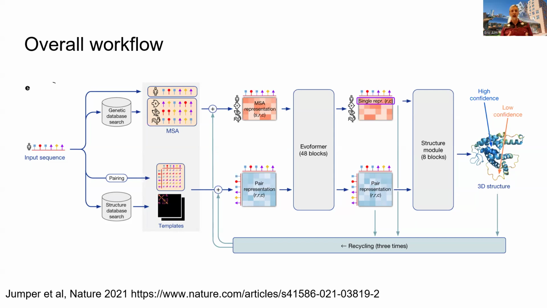In practice, it's really just a subset because those sequence alignments can be very, very large for some proteins. And at the same time, we build a matrix, the number of residues by the number of residues, that represents the interaction between pairs of residues in the sequence.